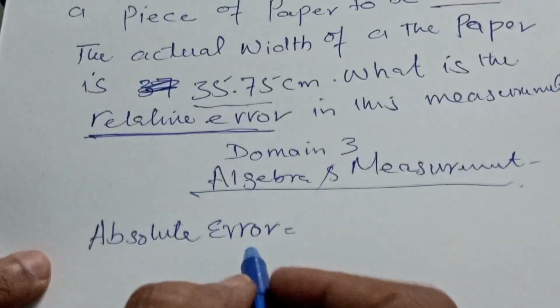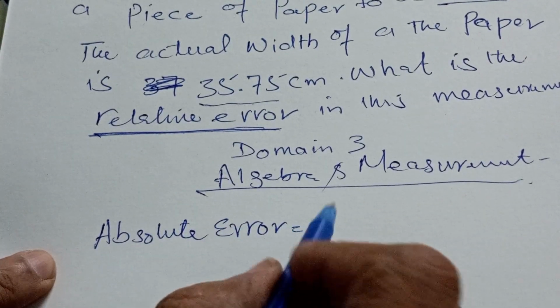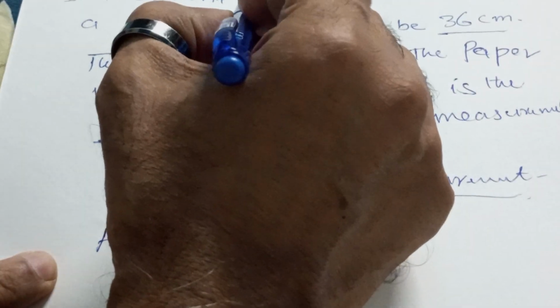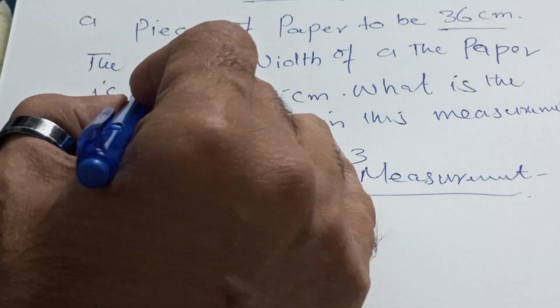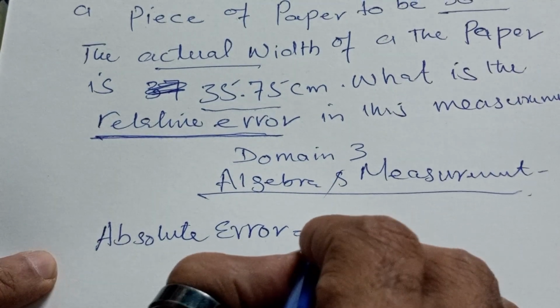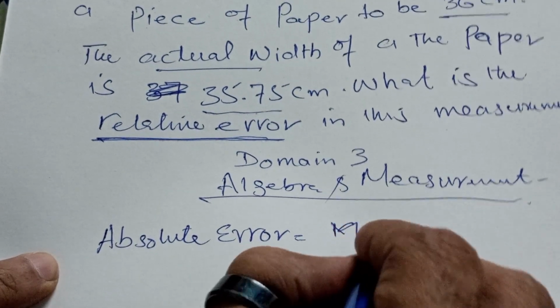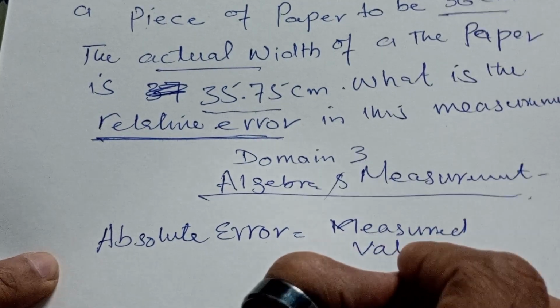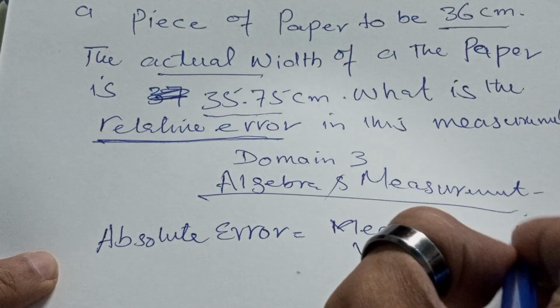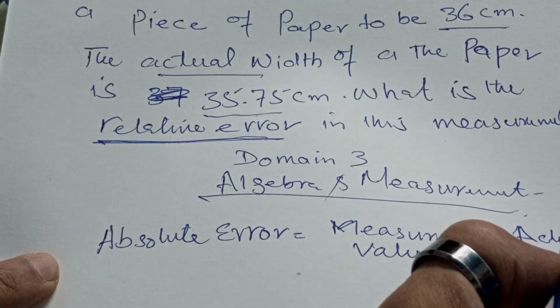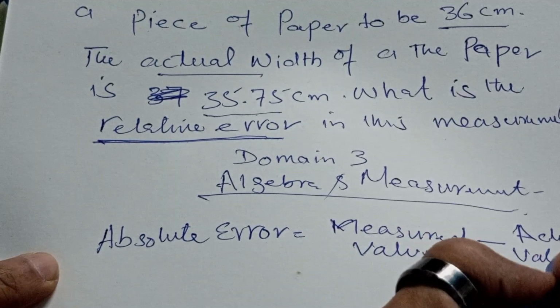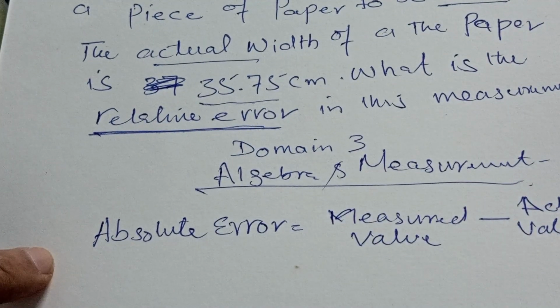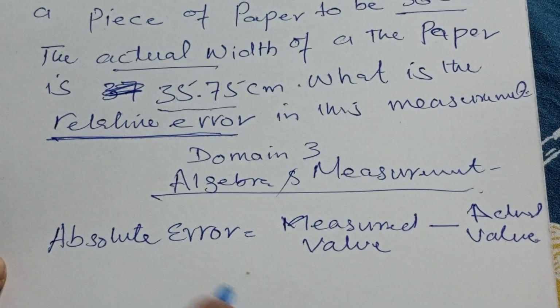Absolute error is actually the difference between the measured value and the actual value. So the difference between measured value and actual value, right? So you can see here.